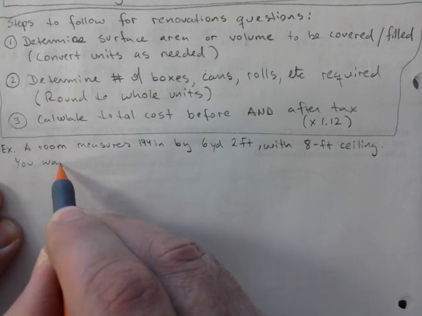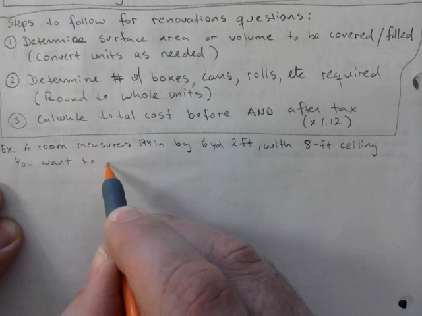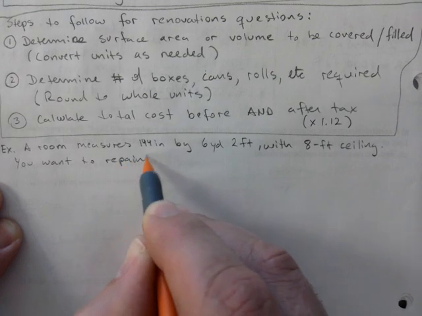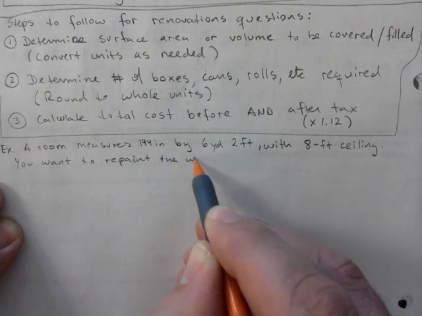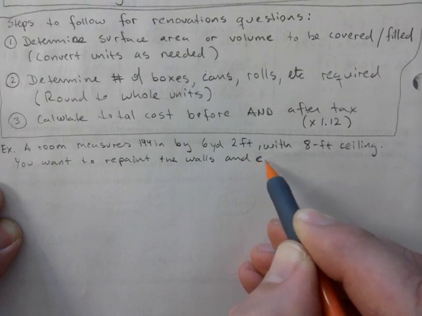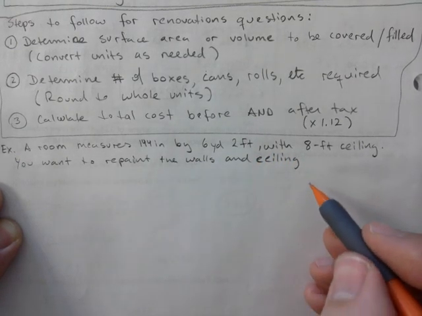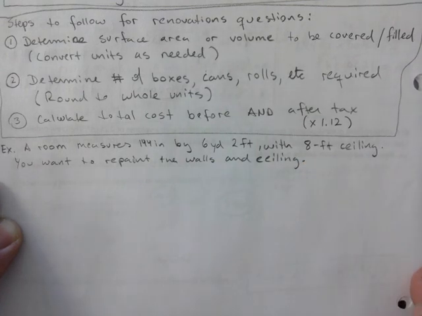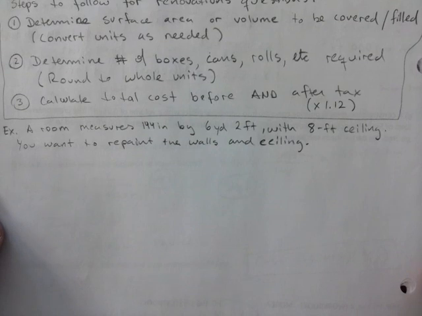You want to repaint the walls and ceiling. A room measures 144 by 6 yards 2 feet with 8-foot ceiling.